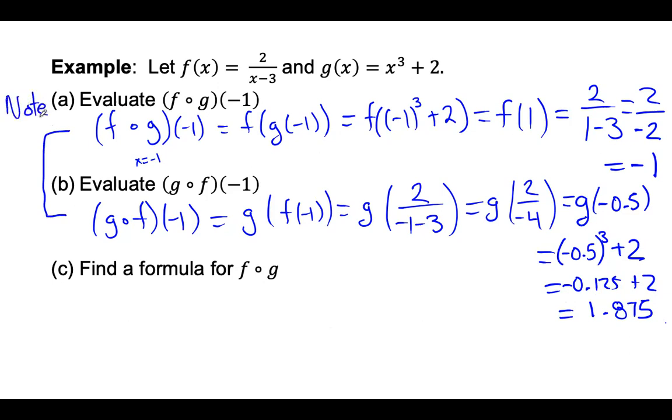So note that f of g at x is not the same as g of f at x. So that's kind of interesting. So it doesn't satisfy one of those properties. I'll let you think about which property that is. So find a formula for f of g.